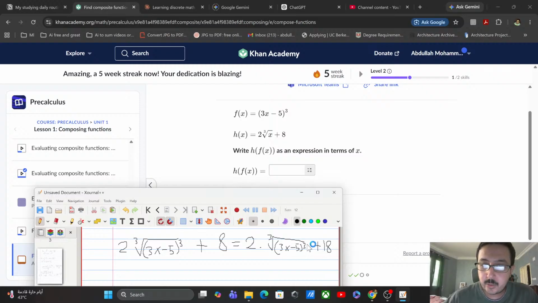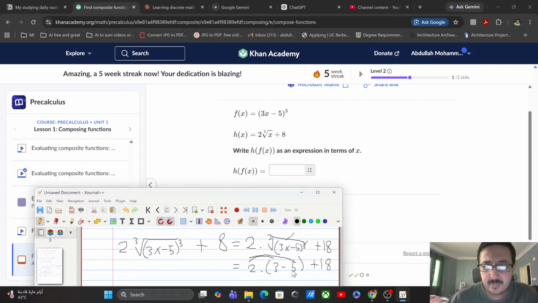Am I correct? So this will go with this. So we'll be left with 2 multiplied by 3x minus 5 plus 18. To get rid of the brackets, we're going to take this and this.